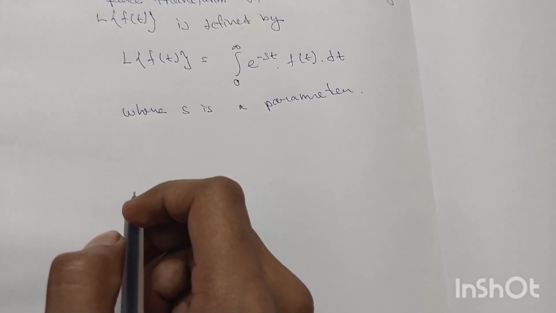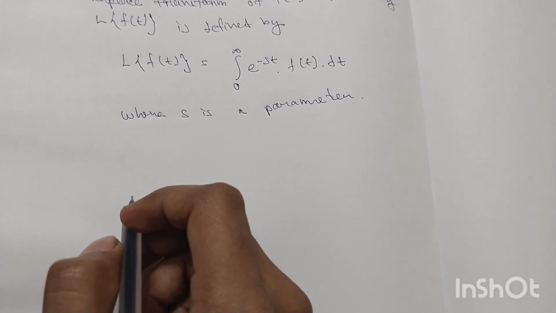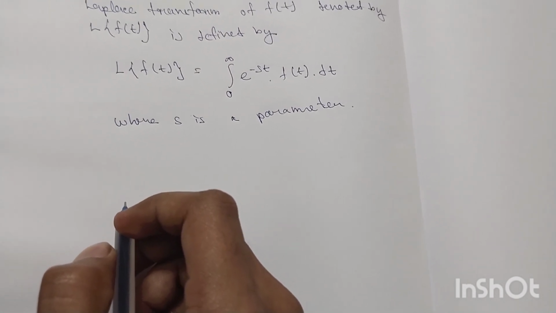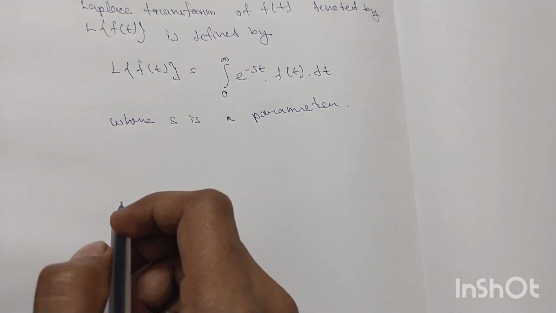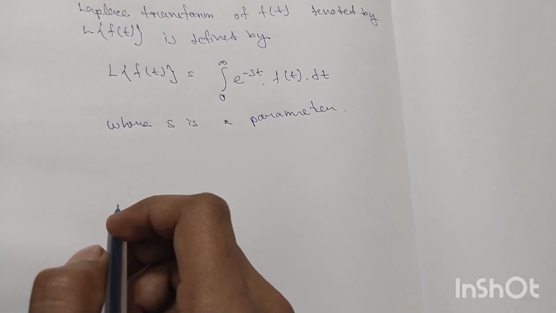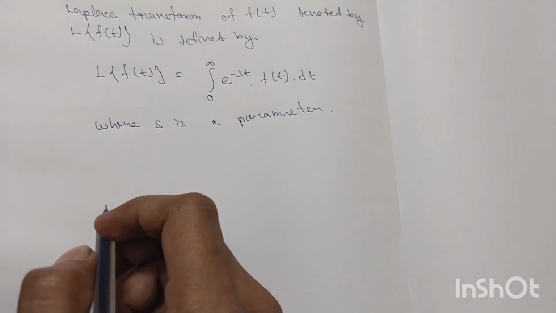We use Laplace transform because whenever we are going to solve any complex integration, first we transform the complex expression into a simple expression by the help of Laplace transform. Then we integrate.